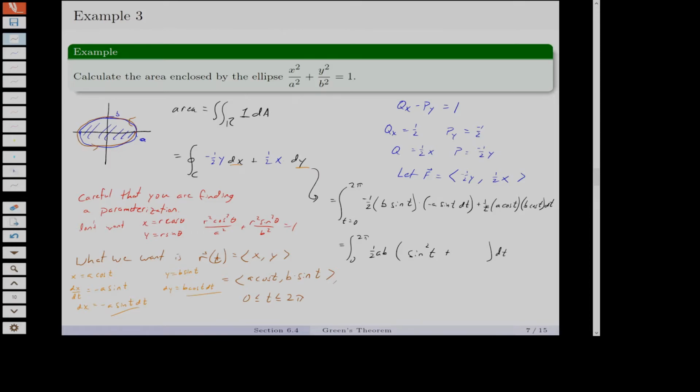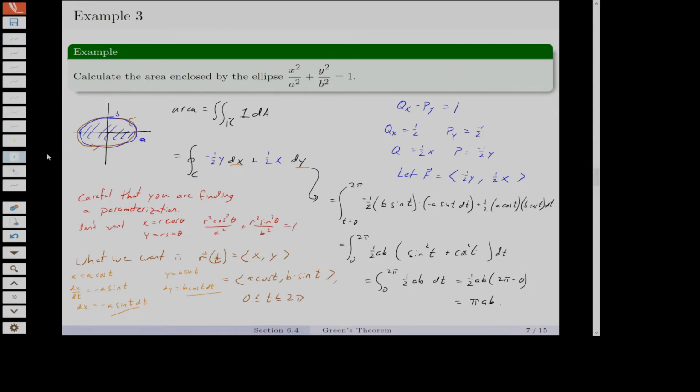In the second one, if I take out a half, the a and the b, and the dt, I'm left with cosine t times cosine t, or cosine squared t. Sine squared t plus cosine squared t is 1, so I'm just integrating 1/2 ab with respect to t from 0 to 2 pi. So I get 1/2 ab times 2 pi minus 0, or just pi ab.